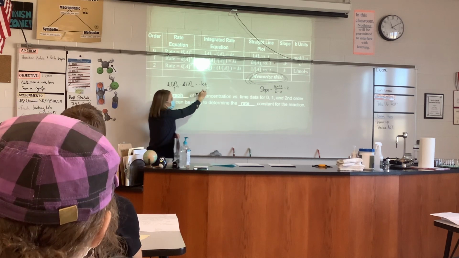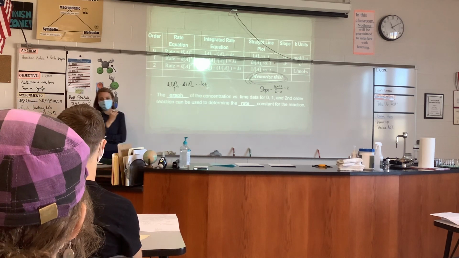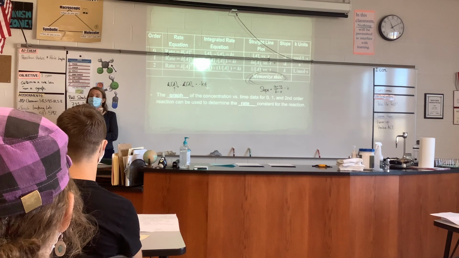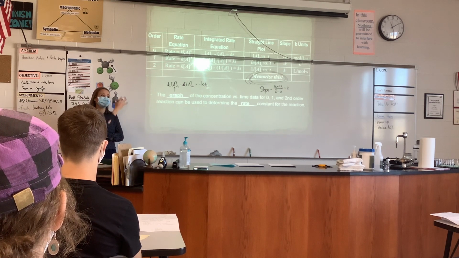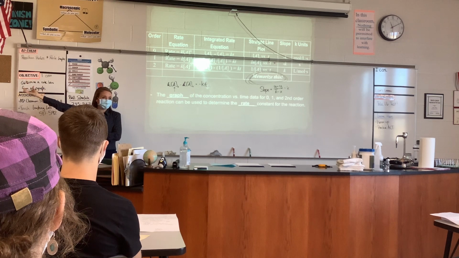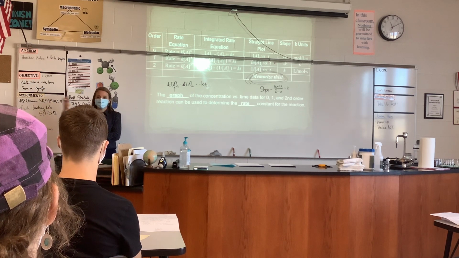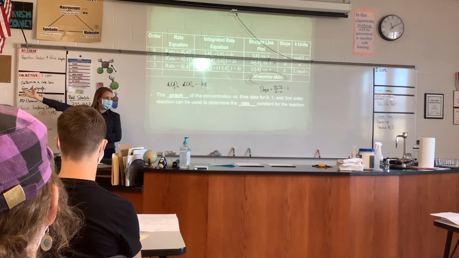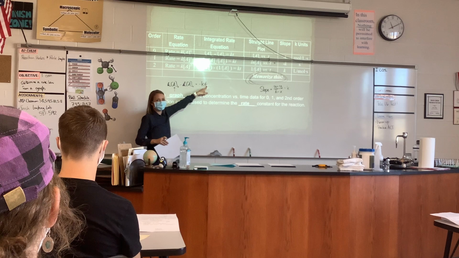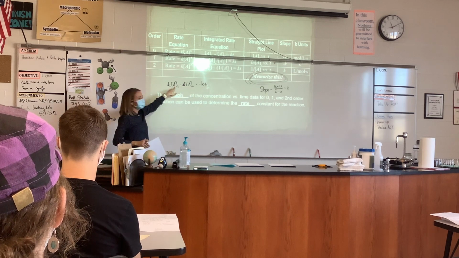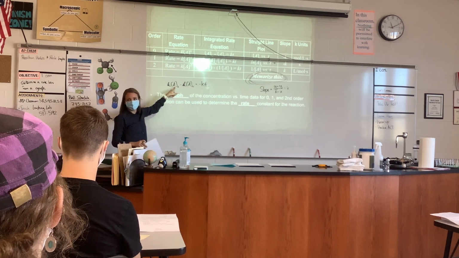T is the time that it happened, and you can also solve for K. Or if you already know what K is, this equation can help you predict 10 hours later how much you're going to have left. So you don't have to keep doing the reaction for days if it's a long one. You can just plug in, after 10 hours, and this will tell you how much you have left.